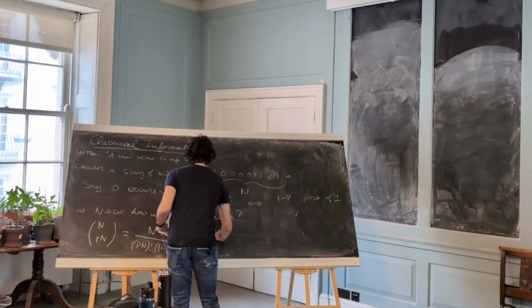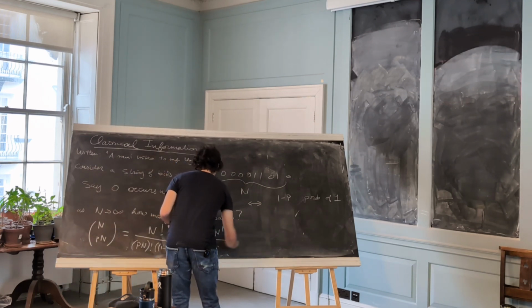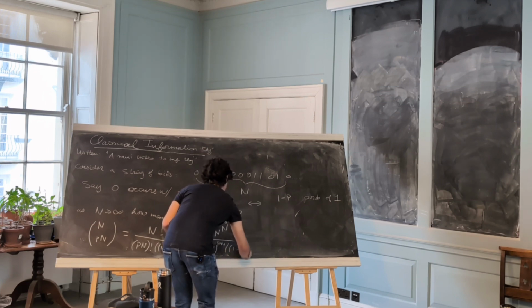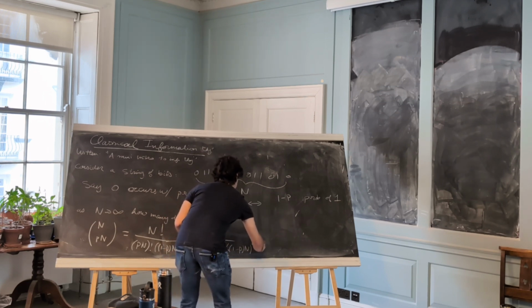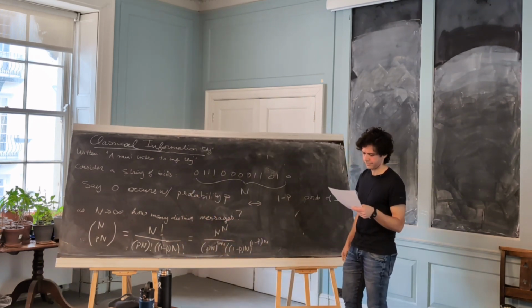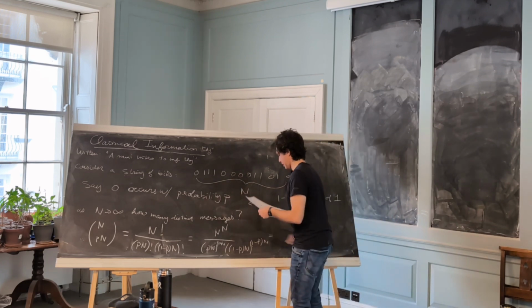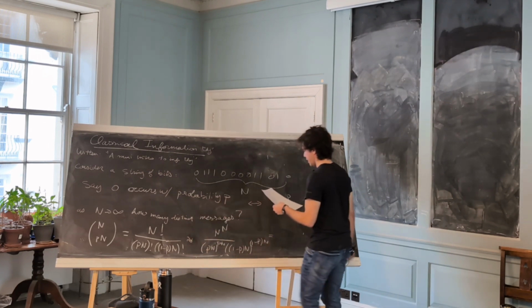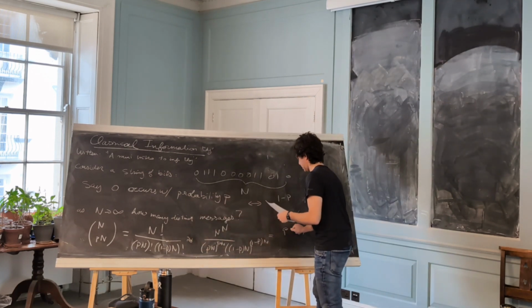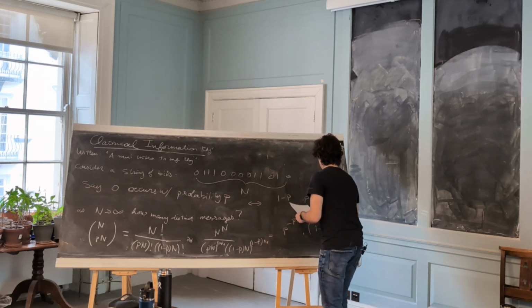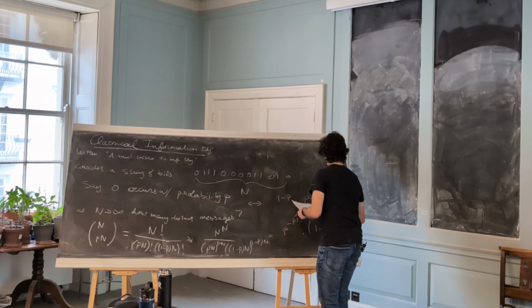We're just going to take the leading part: n to the n divided by pn to the pn times (1 minus p)n to the (1 minus p)n. With a little bit of manipulation, this is p to the minus pn times (1 minus p) to the minus (1 minus p)n.